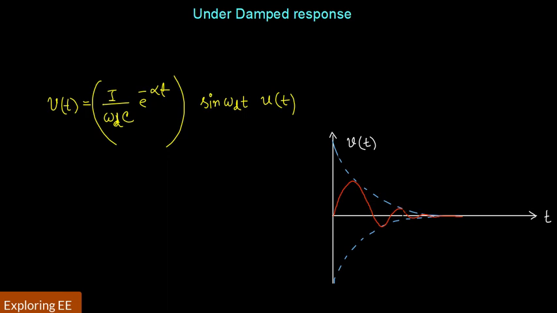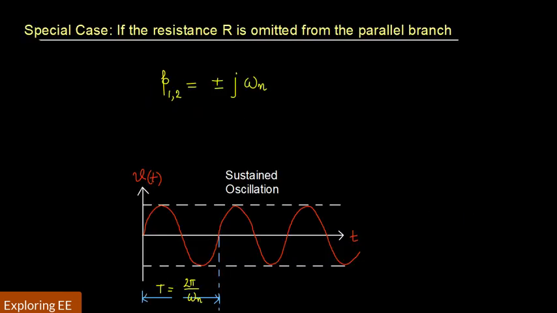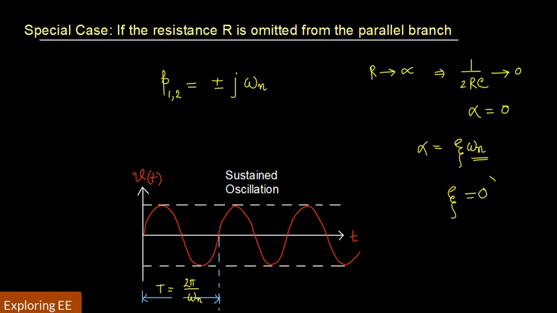Now the special case: if the resistance is omitted from the parallel RLC branch, so R tends to infinity, and 1 by twice RC for R tends to infinity, this value will be 0. So alpha becomes equal to 0, and we know alpha equal to zeta times of omega n. Since alpha equal to 0 but omega n not equal to 0, zeta will be 0 for this case.